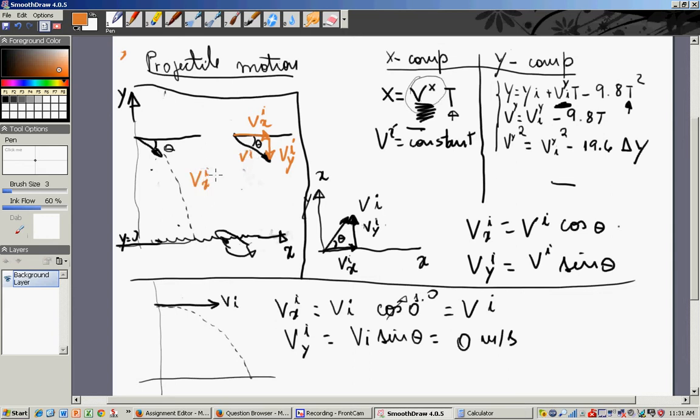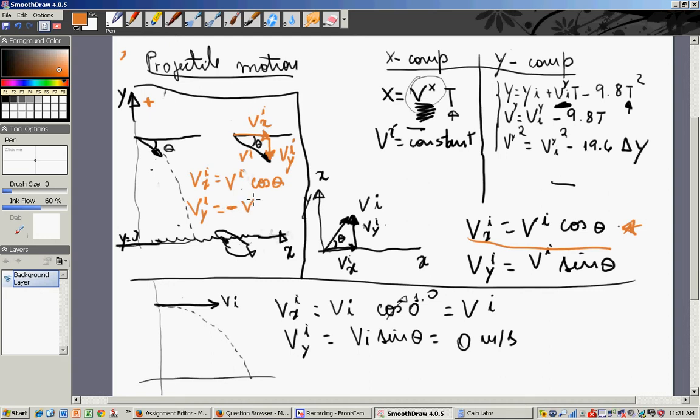Now my Vx, let me write here. This is my V initial, right? My Vx, in this case, initial, is my Vi cosine theta, the same thing as I had right here, right? Same expression. But how about my Vy initial?